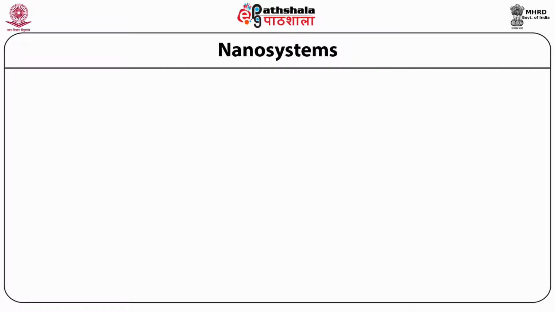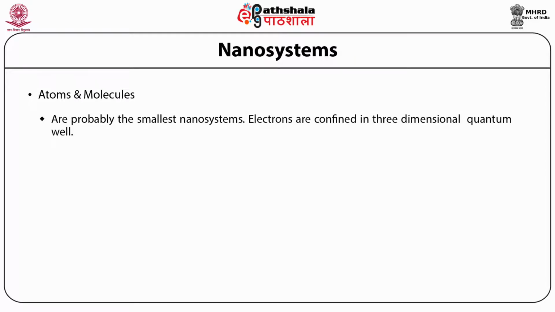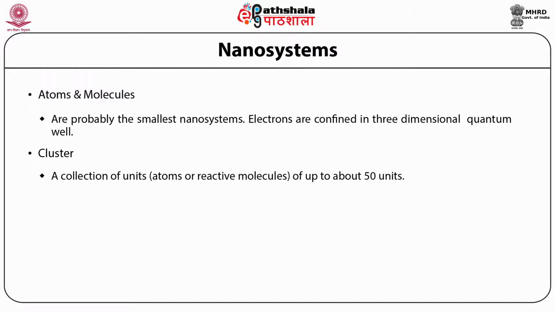First, atoms and molecules are probably the smallest nanosystems. Here the electrons are confined in a three-dimensional quantum well. The next type of nanosystem is a cluster. It is nothing but a collection of units, which can be atoms or reactive molecules, of up to about 50 units.